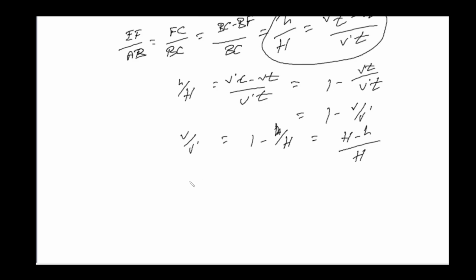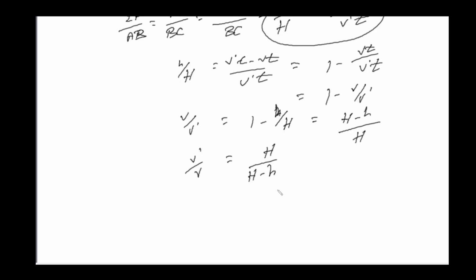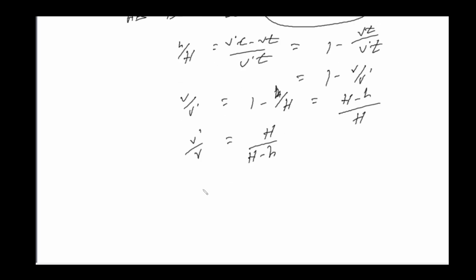Now let's invert the equation. We get v prime over v is equal to H over H minus h, or v prime is equal to Hv over H minus h. And we know these numbers.